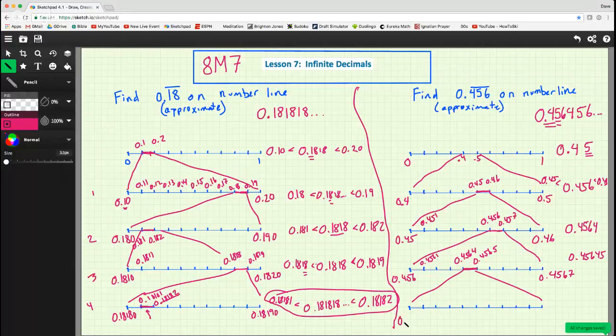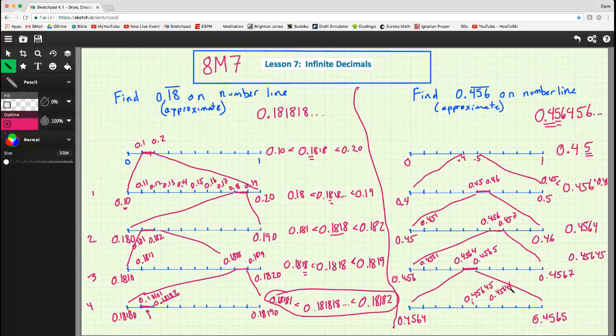0.4564 and 0.4565. Okay, and so this is 0.45641, 42, 43, 44, 45. And that's this one. 4, 5, 6, 4, 5, and this is 0.45645.